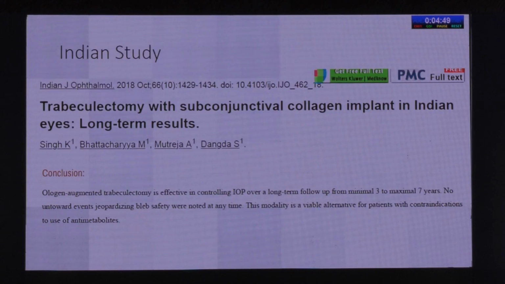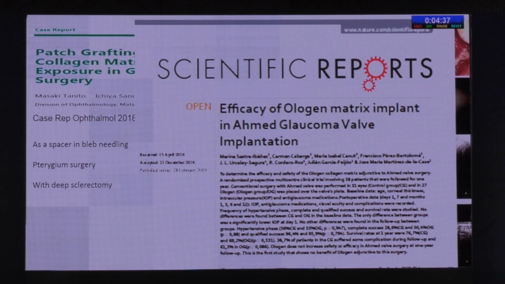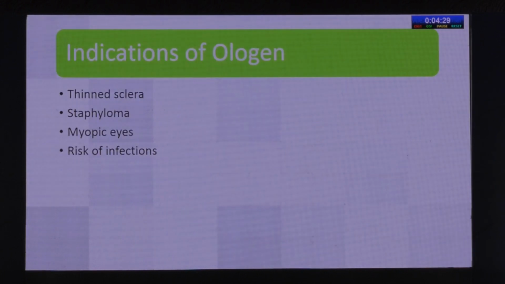Now, this is another Indian study to say that Ologen is effective and equivalent to mitomycin C. There are other things happening with Ologen, like people are using it as a patch graft to cover the tube of the Ahmed glaucoma valve, and they are also doing bleb needling with the help of this implant.